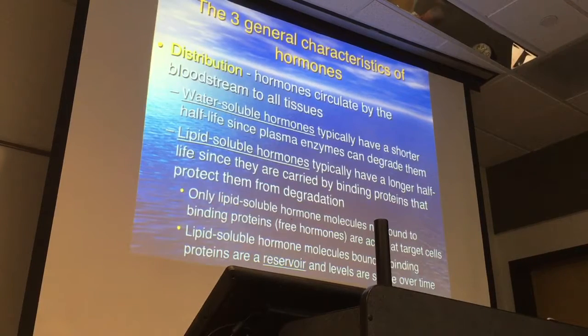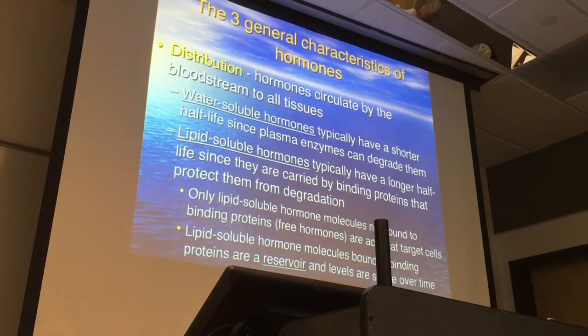Lipid-soluble hormones have to be carried by what are called binding proteins, and we talked about those in chapter 19 when we mentioned albumins and globulins were sometimes transport proteins. Can you think of a lipid-soluble hormone that you already know is lipid-soluble? Testosterone. That hormone is made from cholesterol, and you know that's a lipid.